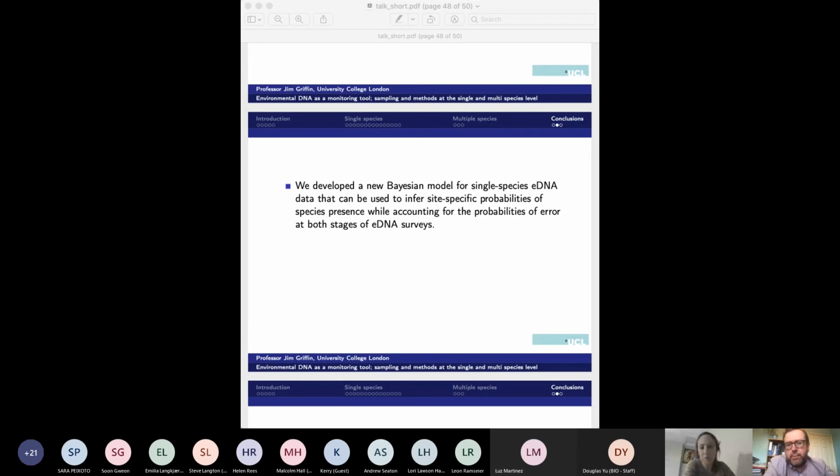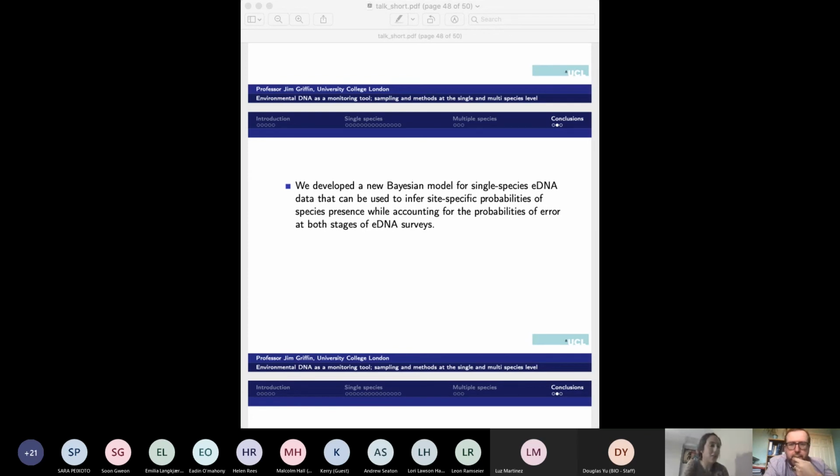And in all of these cases, observation error, so false positive and false negative observation error, are a challenge and a question. So hopefully people will find this work interesting and start working with statisticians.